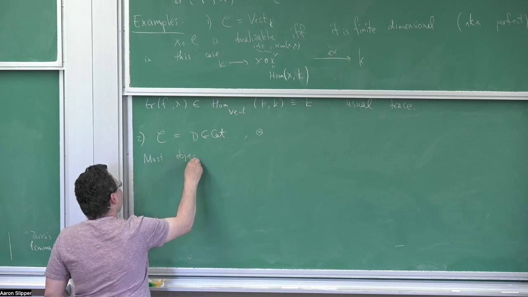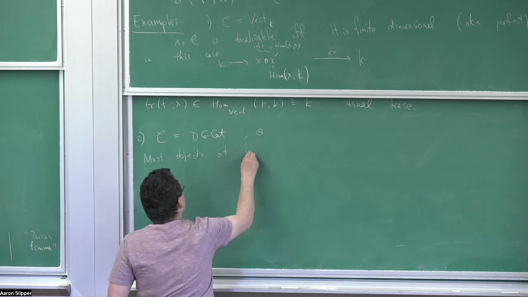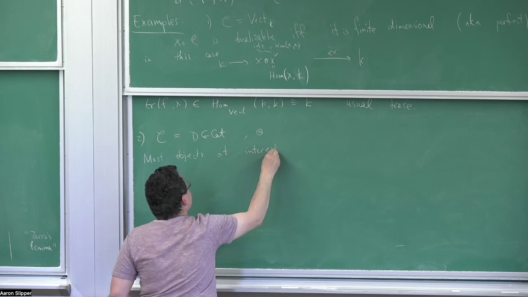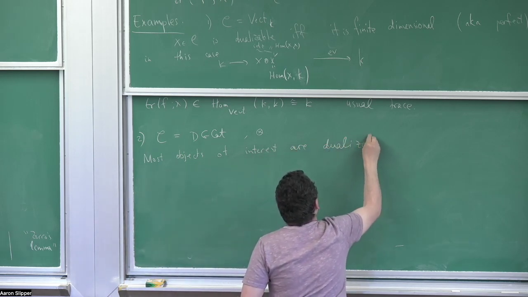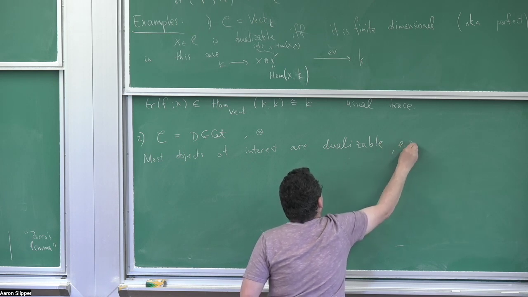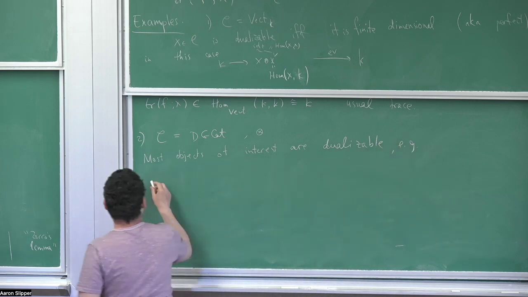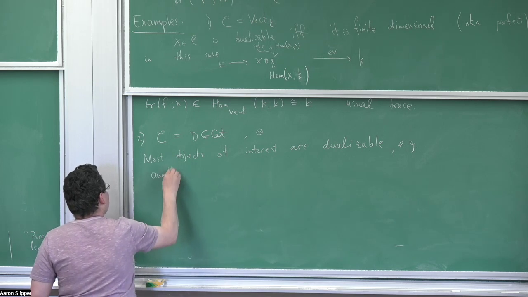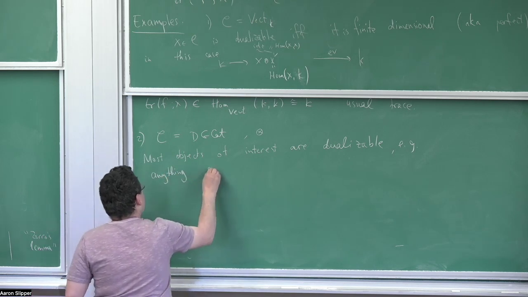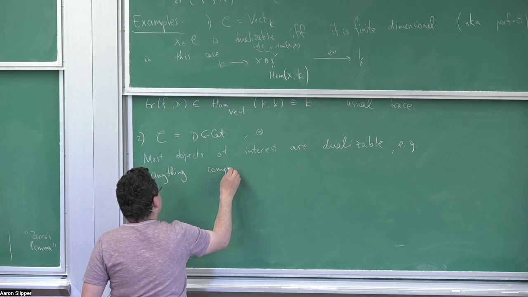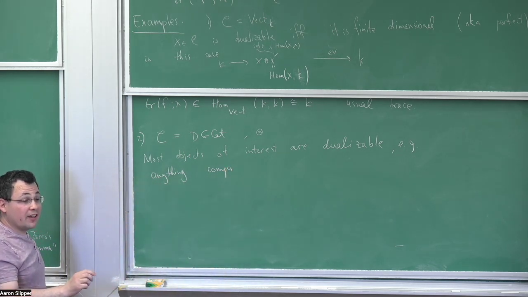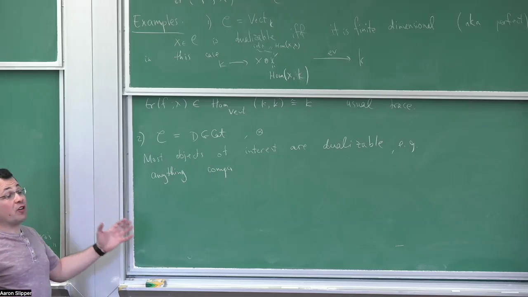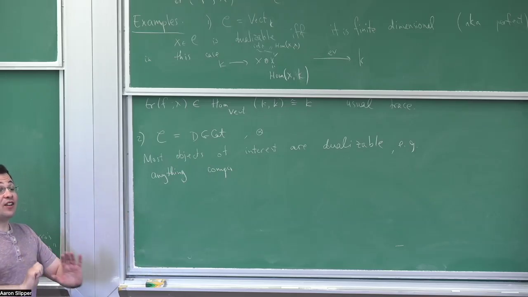It's of interest. Dualizable, for example, anything compactly generated. And you say DG cat is a symmetric monoidal category? No, not just symmetric. It is the symmetric monoidal category whose objects are DG categories.